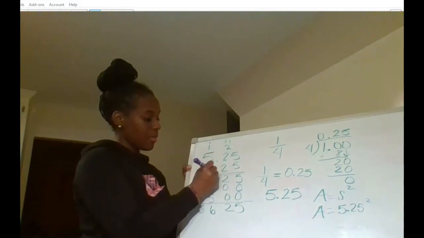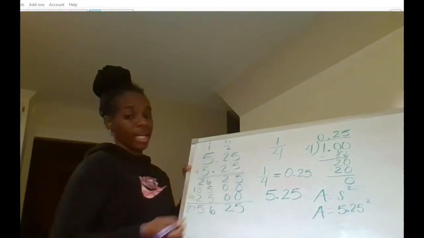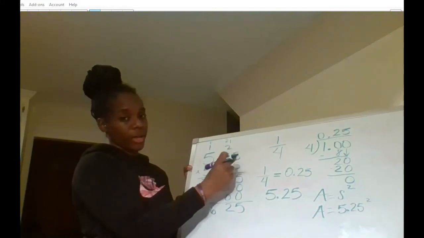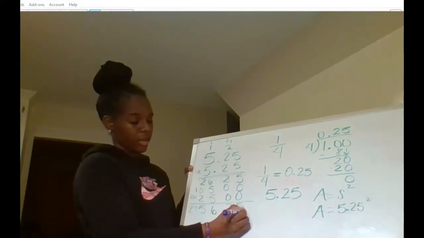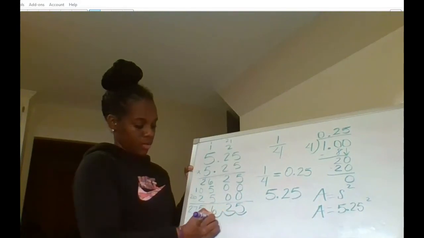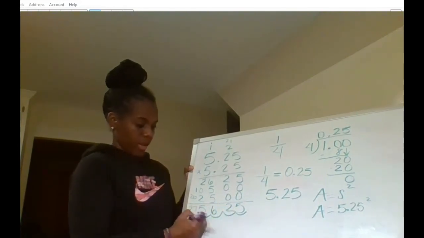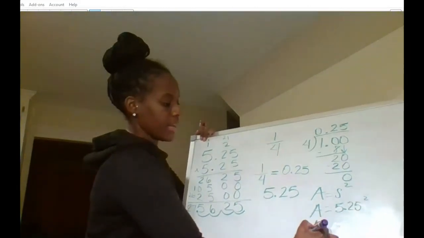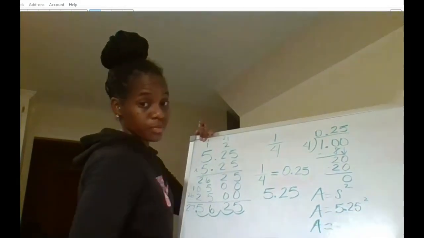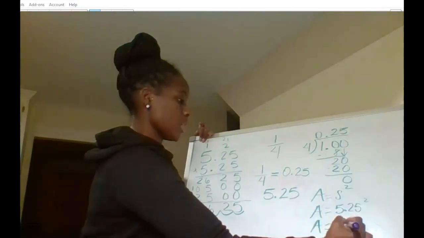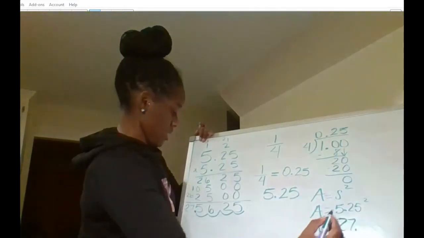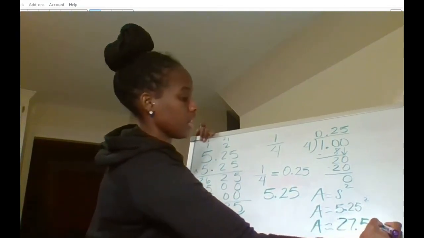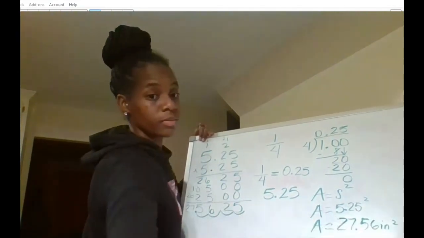We see how many digits were after a decimal point in both. Here you have 2, here you have 2, for a combination of 4. So then we come down, we start at the bottom, we count 4 spaces: 1, 2, 3, 4. And then we can round this off to the nearest hundredth. So the area A is equal to 27 and 56 hundredths inches squared.